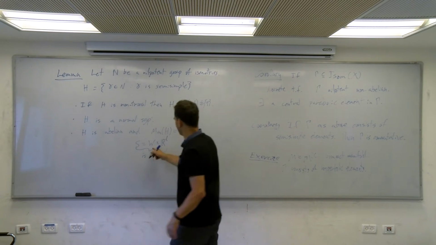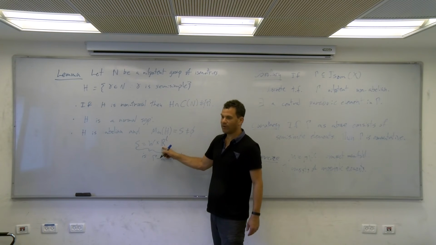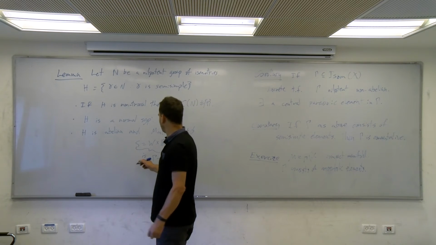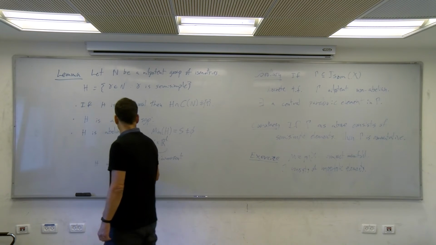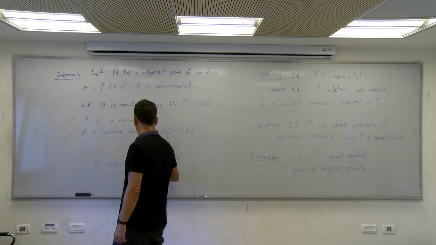So any element in gamma acts by isometry on W and by translation on R to the L, and H acts by translation.